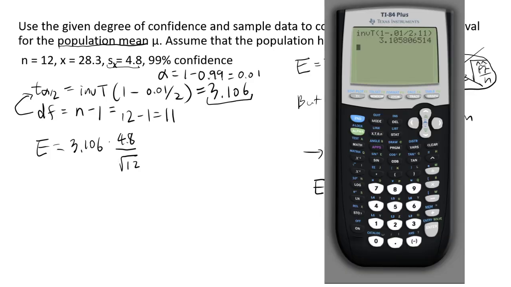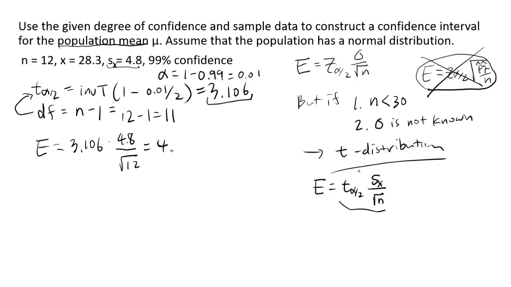Let's again use the calculator to calculate that. 3.106 times 4.8 divided by the square root of 12, enter, and you get 4.304. And then, because your sample standard deviation ends at the tenths, let's just use 4.3.